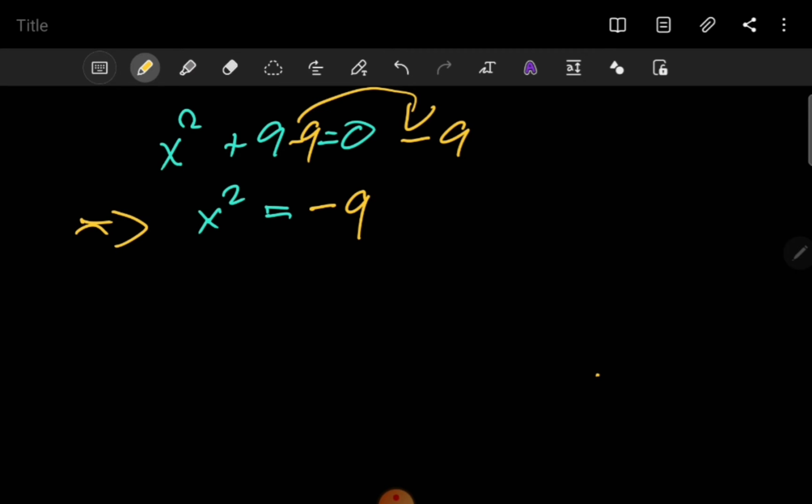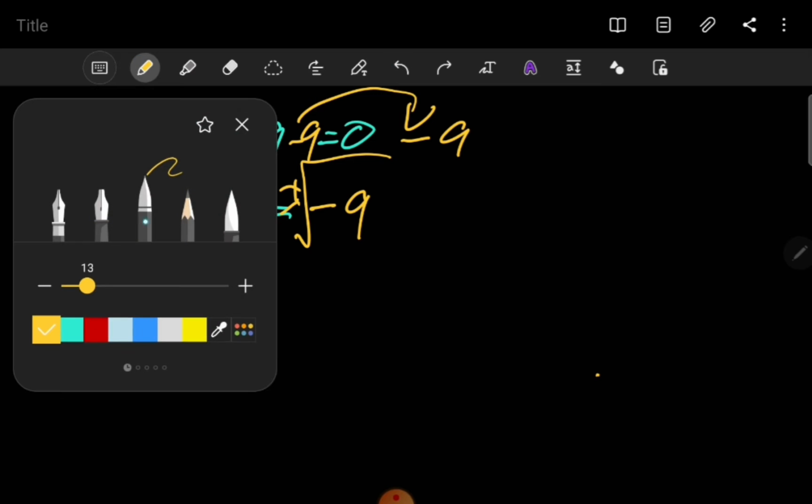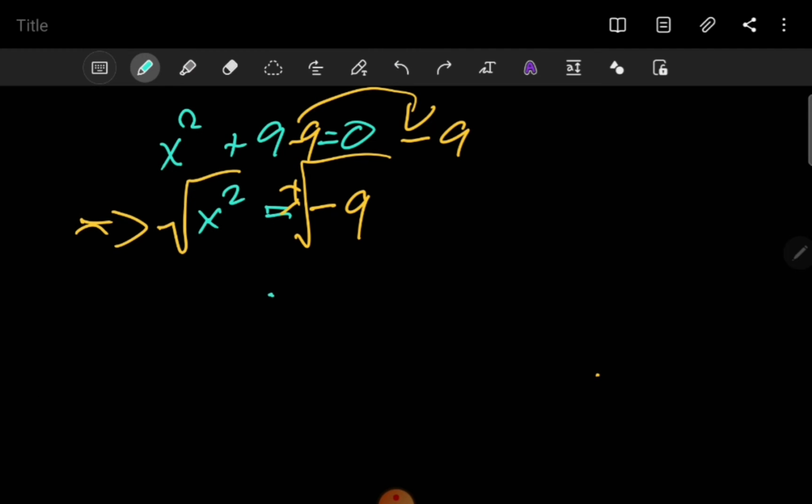Now we're going to square root both sides, and this is where extracting square roots is going to work. So basically we're going to separate the negative and the 9.